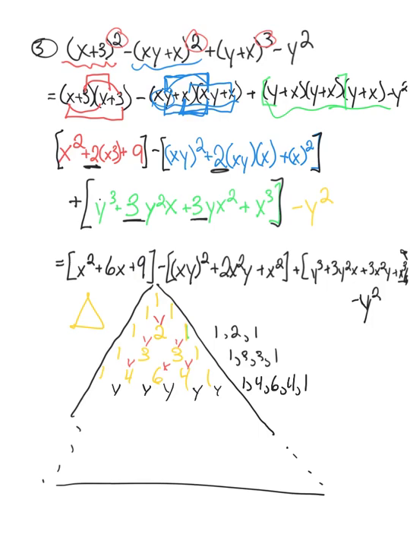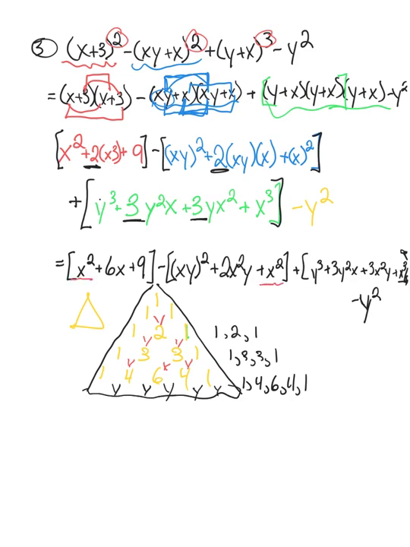But getting back to our problem, now we have to look at what terms we have. If we look at any x squareds, only x squareds, we have one there and one there. So let's combine them. x squared minus x squared.